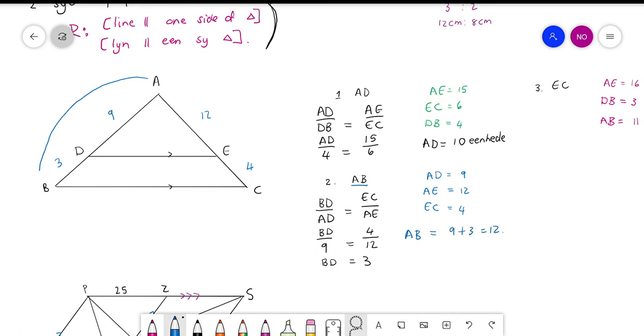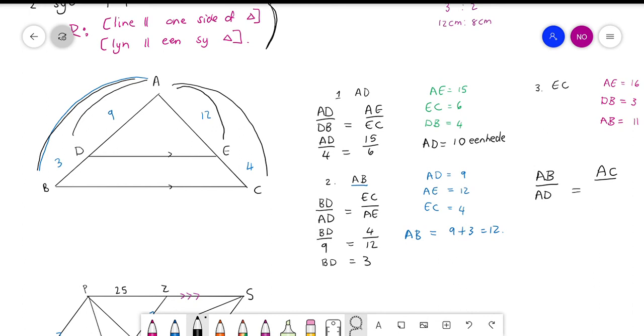Now another way to do this same one is by using the whole side. So jy kan ook gaan sê AB, met ander woorde die hele sy op 'n stukkie van hom, AD, which is just this part, is equal to the other whole side, AC, op die ooreenkomstige stukkie van hom, AE.